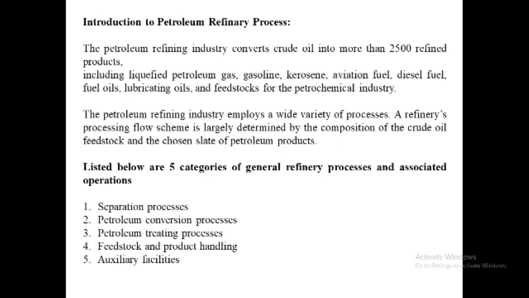The polymerization and alkylation processes are used to combine small petroleum molecules into larger ones. The isomerization and reforming processes are applied to rearrange the structure of petroleum molecules to produce higher value molecules of a similar molecule size.